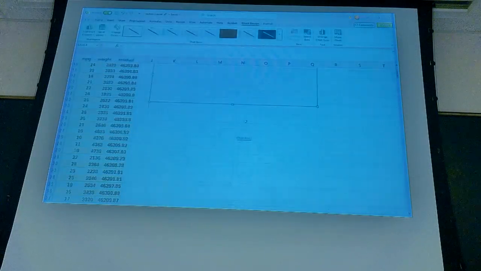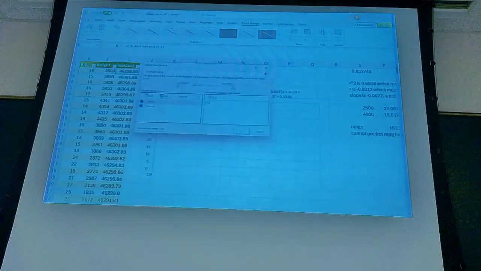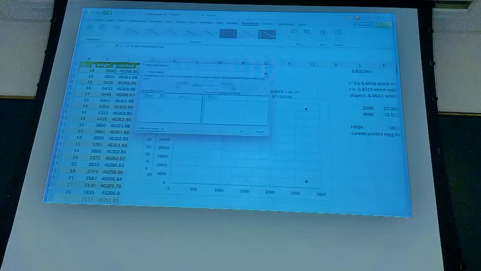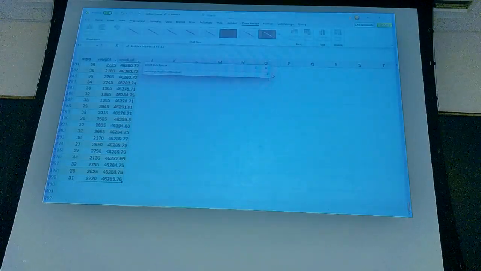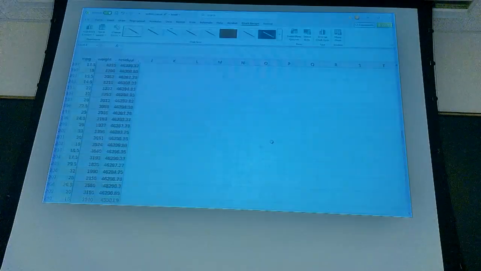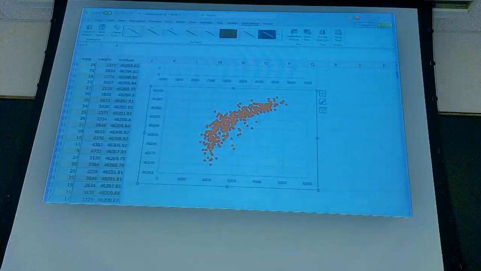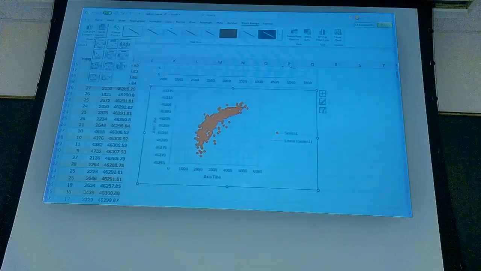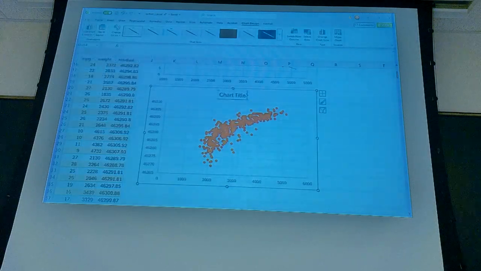Oh dear. Why did you do that? There's the residual plot.